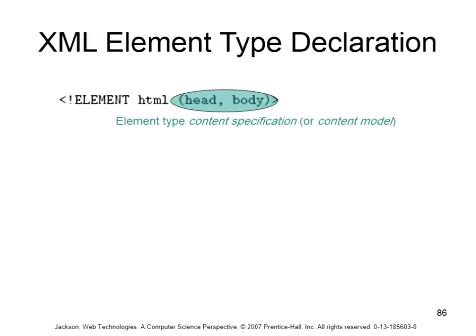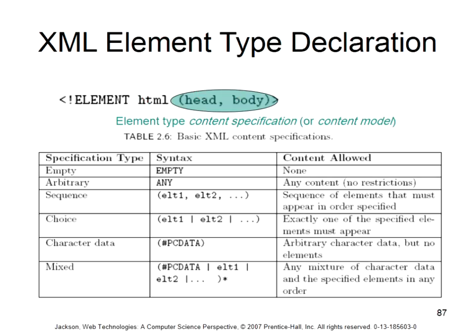So for example, when we open this document type declaration, we can find this rule, element HTML head body. That means HTML contains head. After that, it contains body. This is an example of an XML element type declaration.